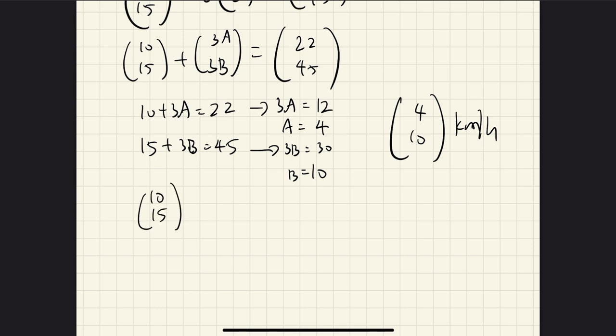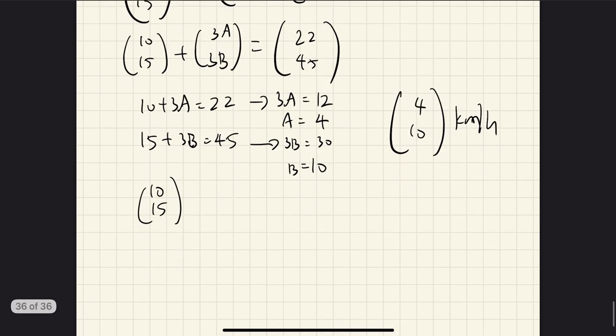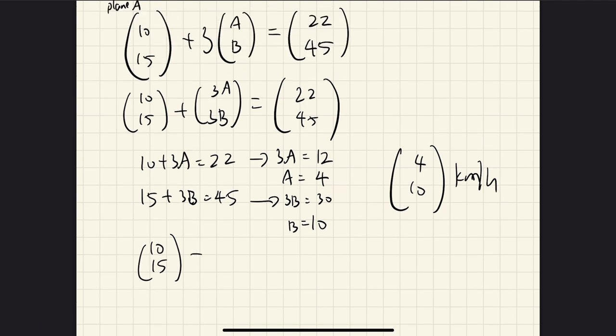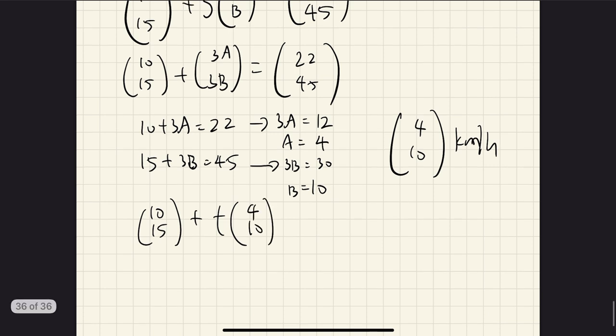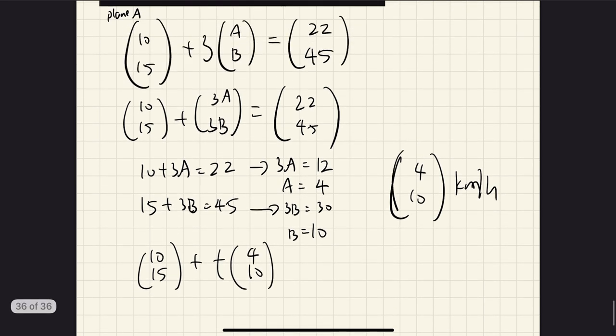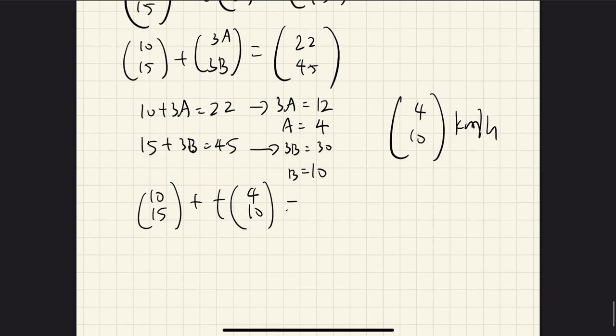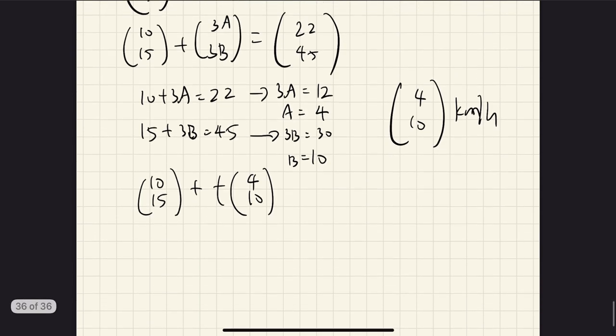For expressions, don't write t as a value, because t is what we're inputting. So it's plus t times 4, 10, because that's what we got here. You don't have to write equals because that's dependent on t. That's the first equation for plane A.